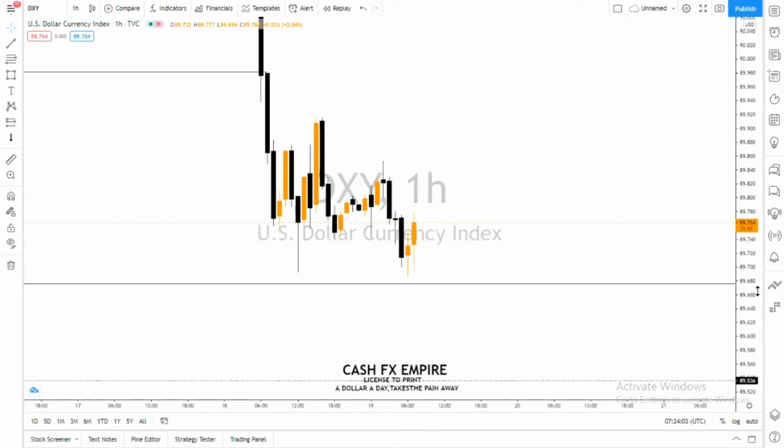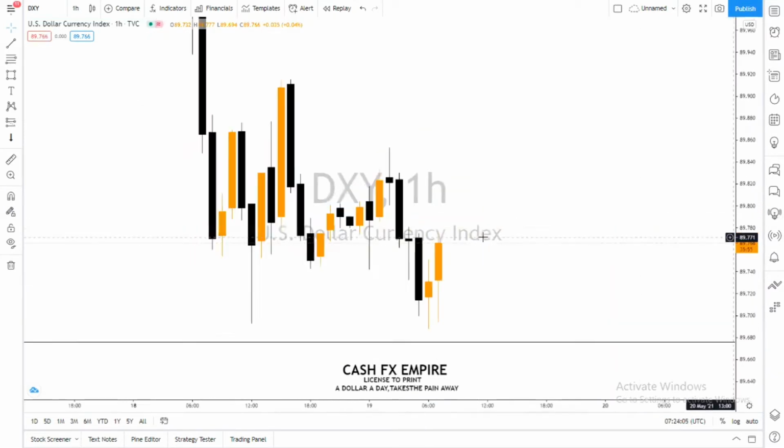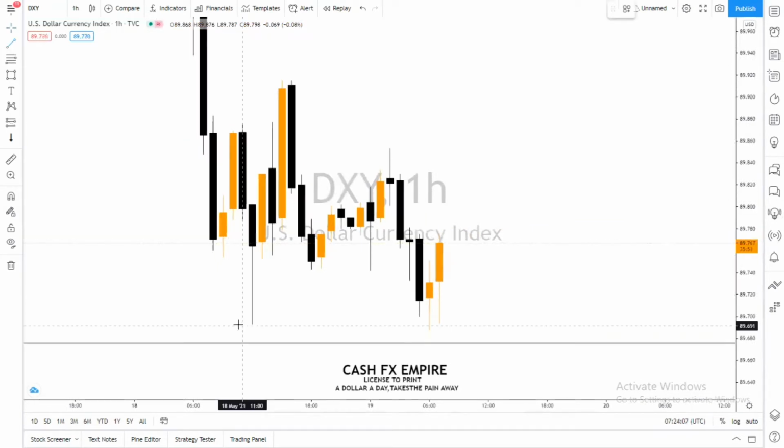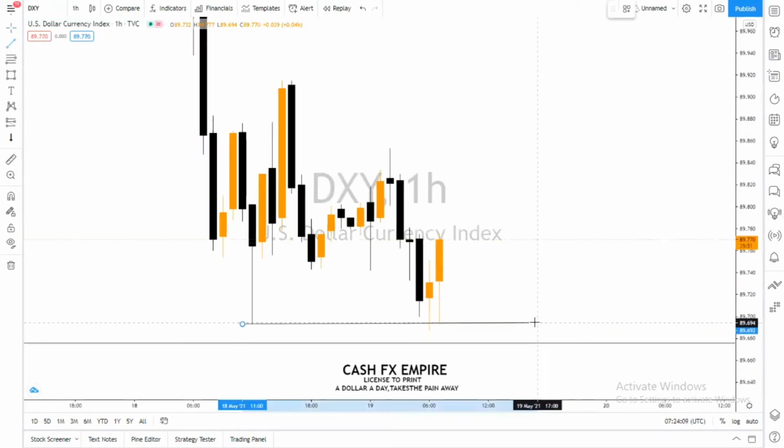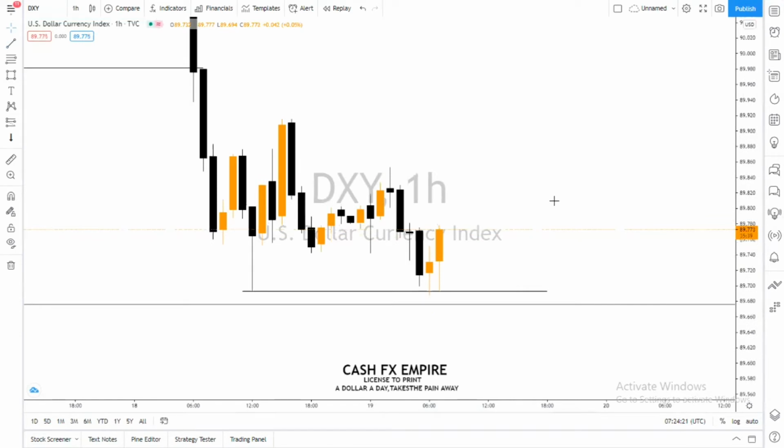We've taken out liquidity right here, and this is happening in an area of interest, which is very important. We've taken out liquidity here, but I want to see something like this.